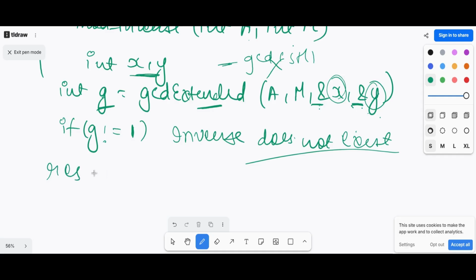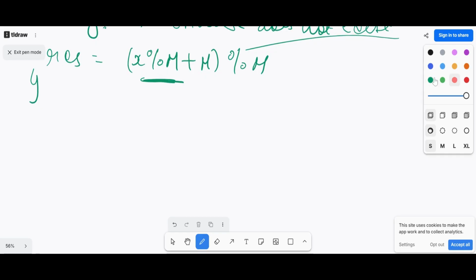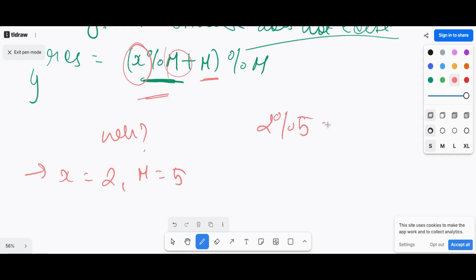Otherwise, your result will be x modulo m plus m modulo m. Now this is another concept which I wanted to explain in a different color. I got the answer as x, I have done modulo with m, and then I've added m. Why? Let's say you have x as 2 and m as 5. Then 2 modulo 5 is 2. And let's say you have x as 7. 7 modulo 5 is again 2, since 5 goes once and 2 is the remainder.